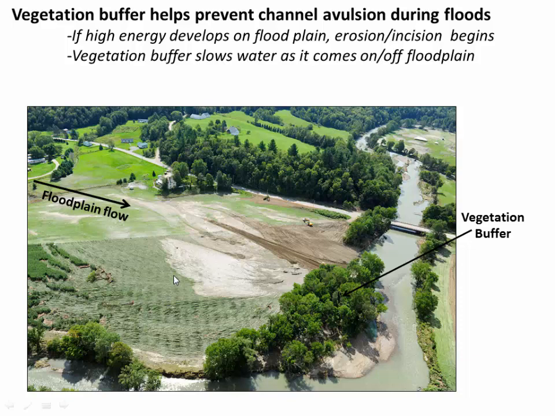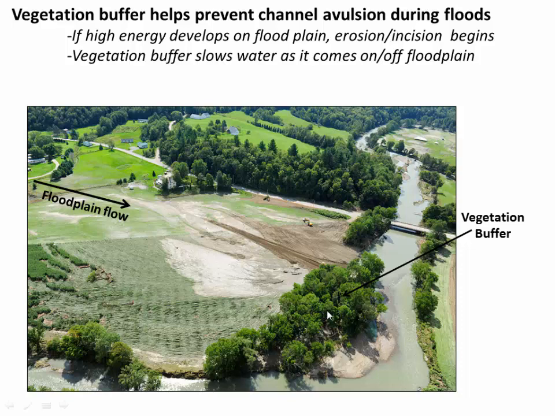Now, one management practice to prevent this kind of channel avulsion is called a vegetation buffer. And that's the idea of planting a nice belt of forest between your floodplain and the river. So here's the floodplain, here's the river, here's the vegetation buffer.